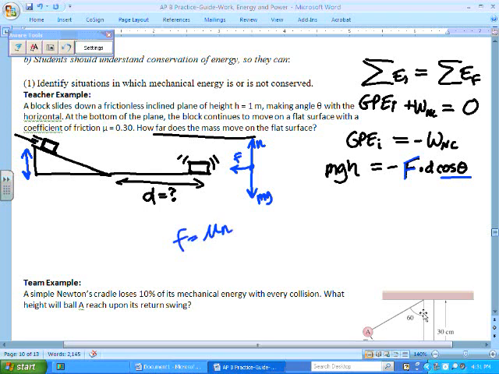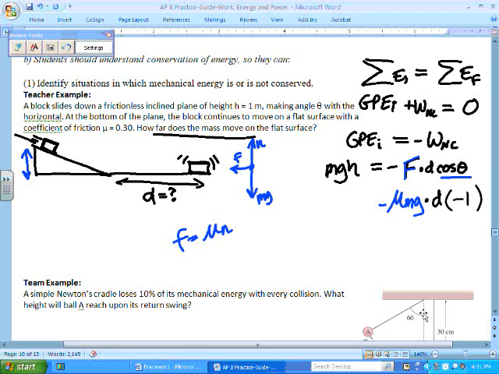So I can say this is all minus mu mg. Now that's multiplied by the distance that's unknown. I'll leave it as d. We're trying to figure that out. Times the cosine of 180, well, that's -1.